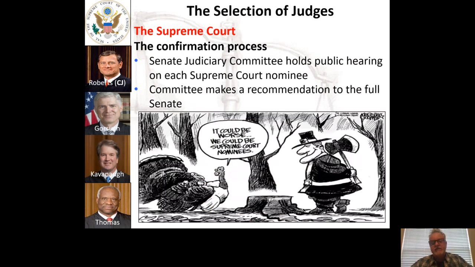And there in the full Senate, they vote on the nominee. It used to be that you had to pass a filibuster in order to get nominated in the United States Senate, meaning you needed 60 votes in order to have a vote on the nominee. But the Senate filibuster for judicial appointments has gone away since 2016.